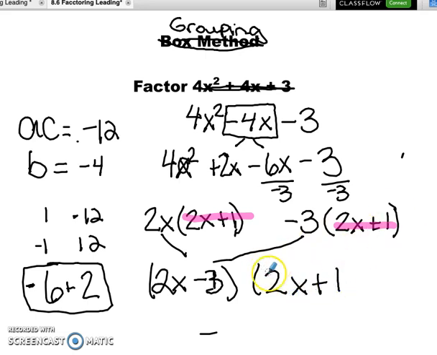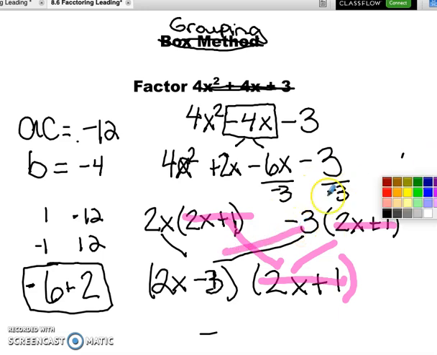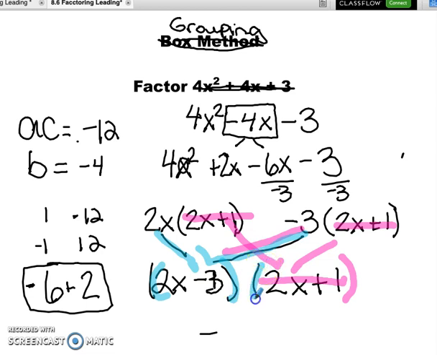So that goes there. And these two terms come here. So now you have two binomials, and you just factored this trinomial into two binomials. So when I multiply these together, I can check and I should be able to get this answer.